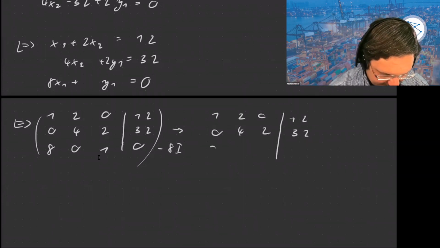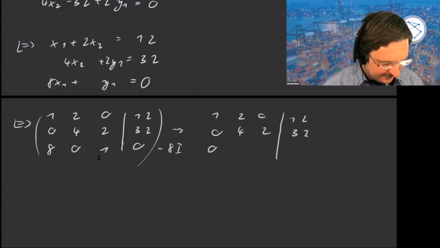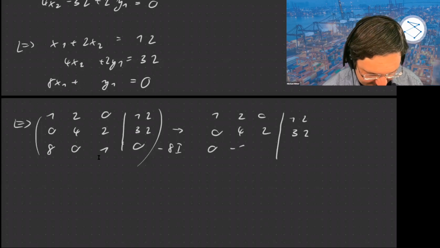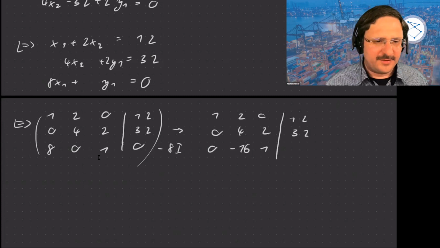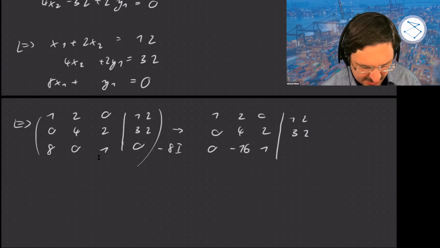And we get 0. Then we have 0 minus 16, so that's minus 16, and 1. And 0 minus 8 times 12, 8 times 12 is 96, so that's minus 96.